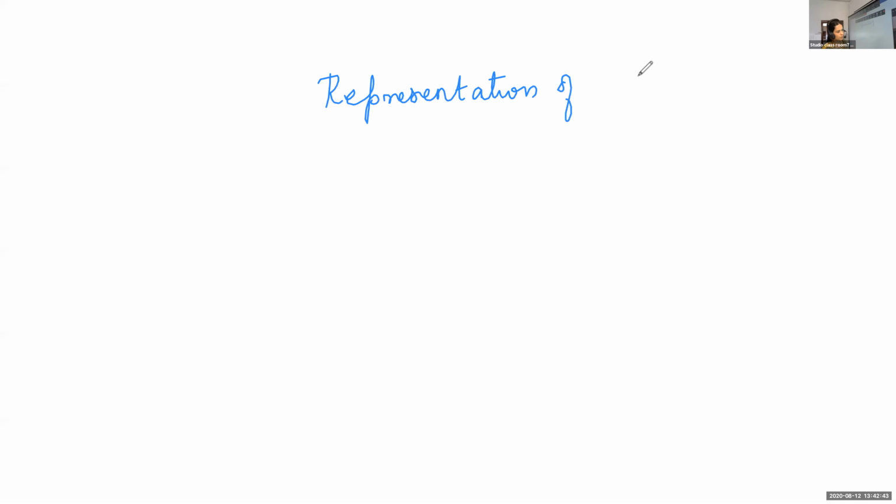What are the two ways we can represent a set? Representation of sets we have learned, isn't it? Set builder form and roster form. Here also, the relation we can represent in two forms.